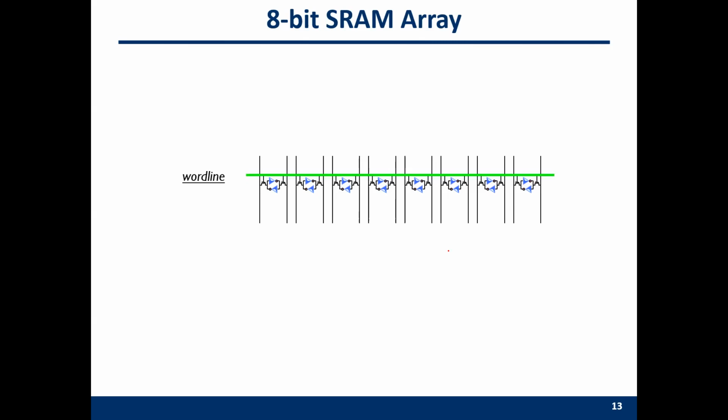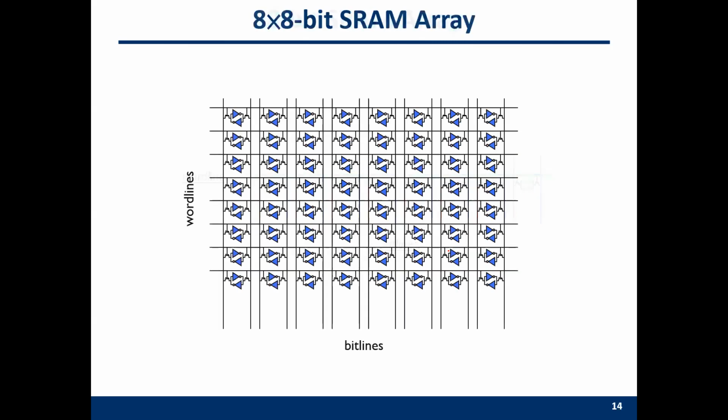The horizontal line itself is called a word line, and the vertical line is the so-called bit line, because we can sense the cells one by one, bit by bit. Each cell represents 1 bit. We can also organize the cells like this, in one array, with horizontal word lines and vertical bit lines.